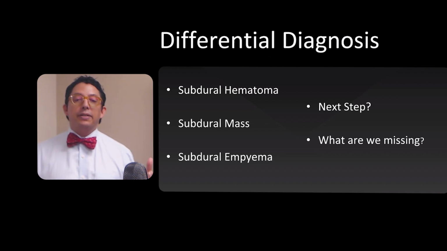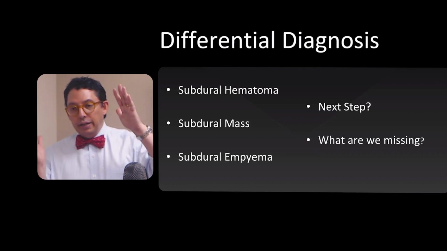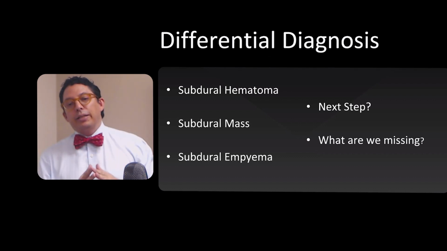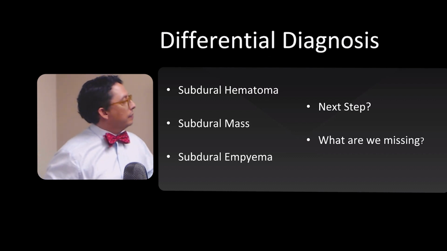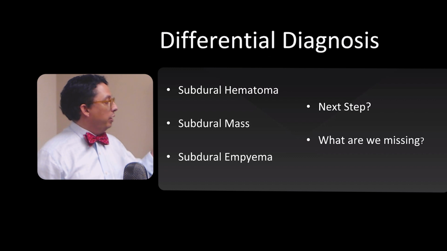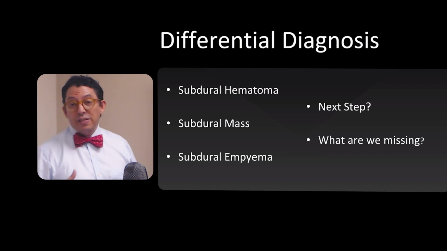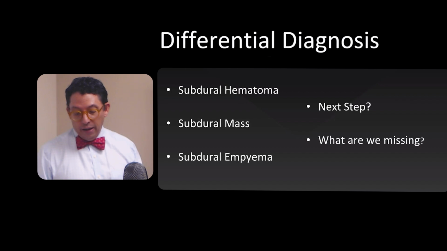The subdural space is the space between the dura mater, peripherally, and deep, the arachnoid. They typically can be blood products, such as subdural hematomas, but you can have subdural masses as well. You can have pus, or subdural empyemas.